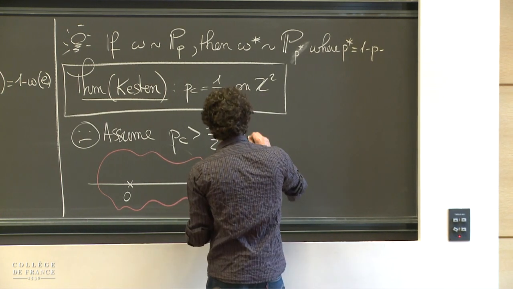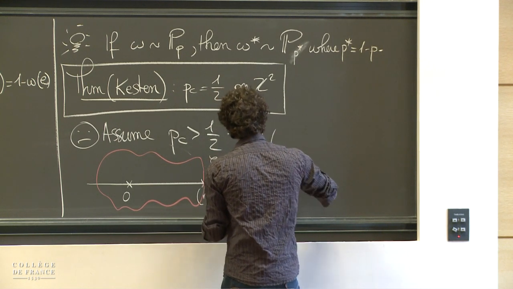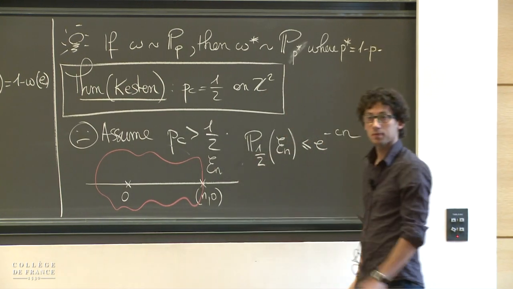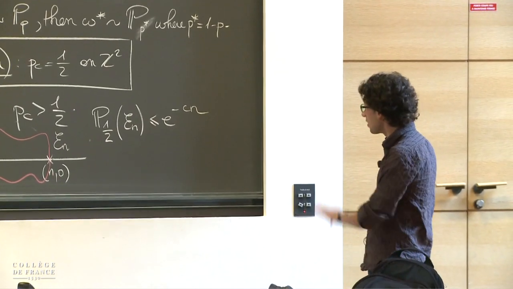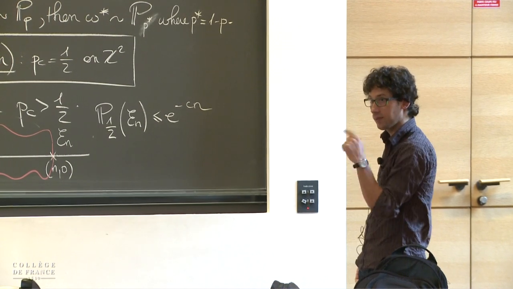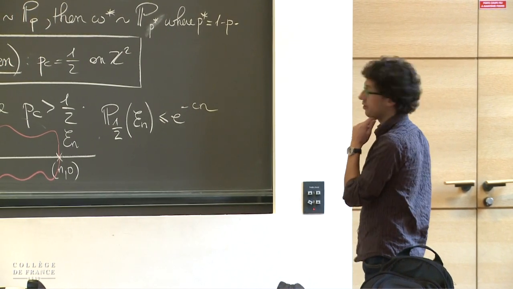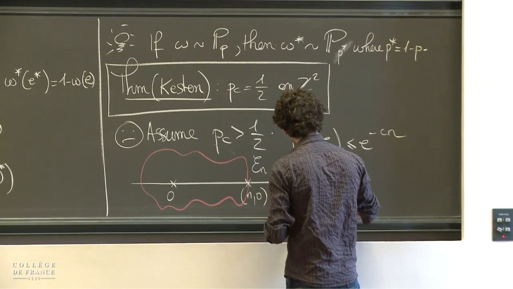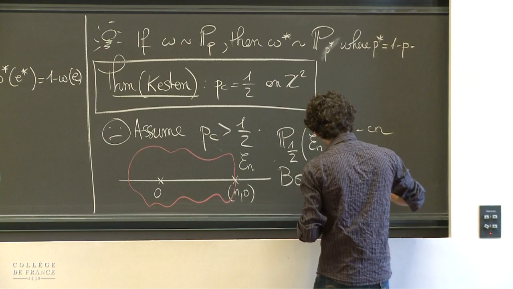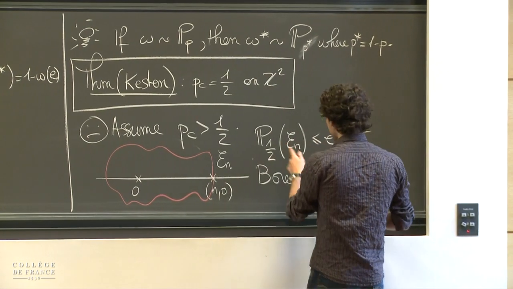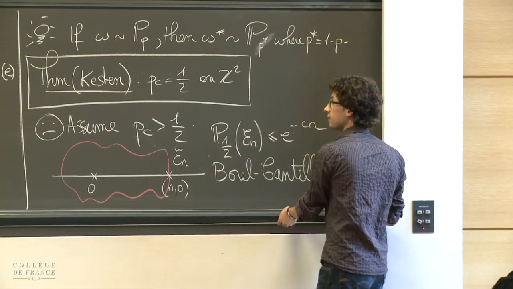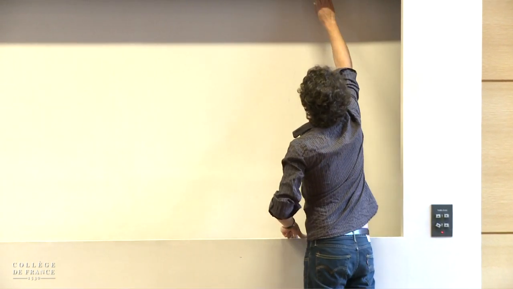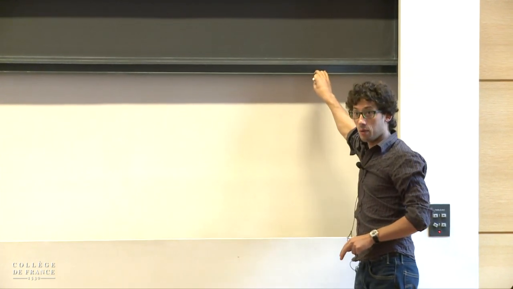So since I am in the subcritical regime, the probability of the event E_n is going to decay exponentially fast. This is the theorem of last week. So it's a non-trivial theorem. That's something which is not completely straightforward to get. But then, by Borel-Cantelli, since the sum of these probabilities is finite, we can deduce that there are only finitely many n for which there is a circuit like that.